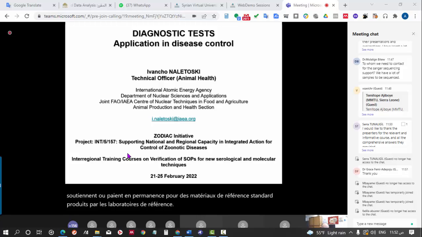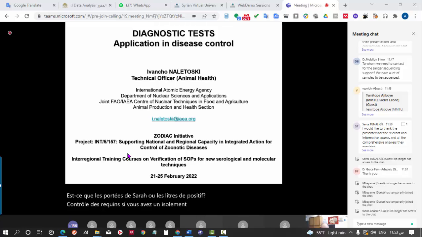What you can receive from the reference laboratories is a few vials of 0.5 milliliter or 1 milliliter of a positive control, weak positive, strong positive, whatsoever. But what you can produce in your own lab from your own animals is liters of sera, or liters of positive PCR control if you have a virus isolation facility.